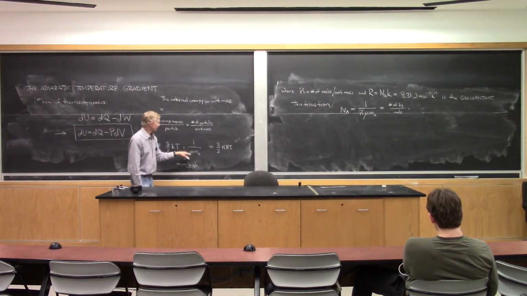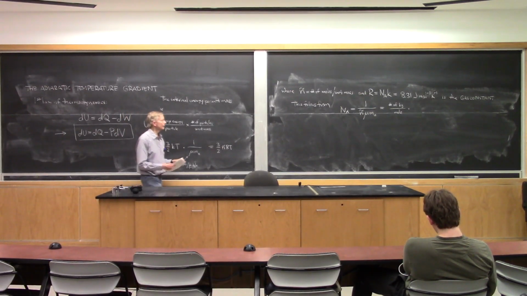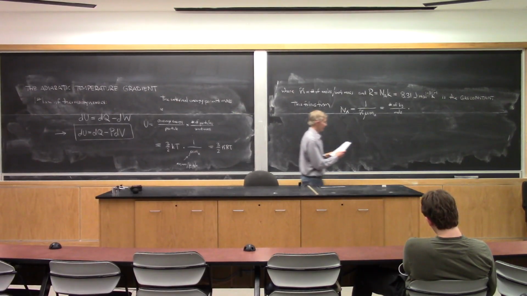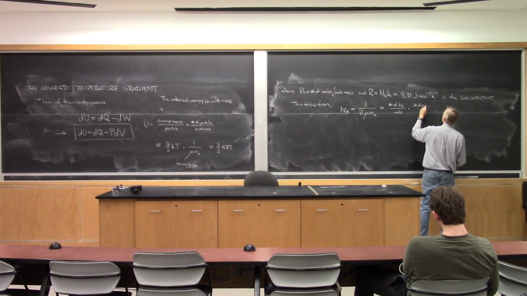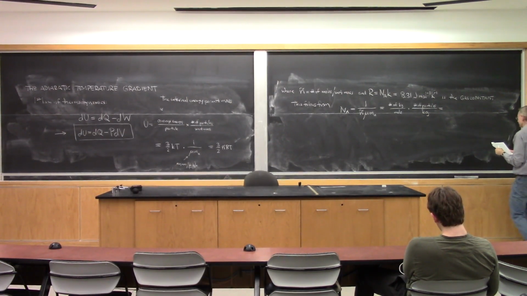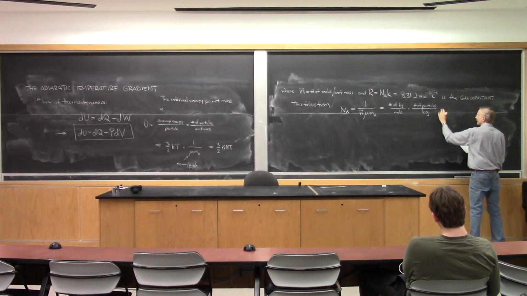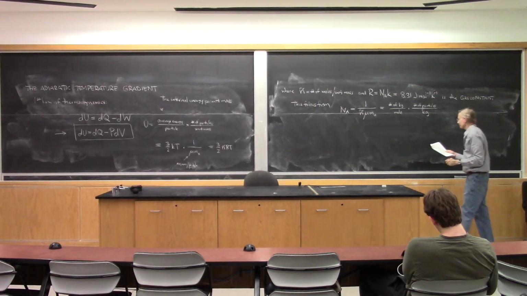Because mu mh is kilograms per particle, its reciprocal, 1 over mu mh, is particles per kilogram. So that's true. 1 over n tilde mu mh is that combo right there.